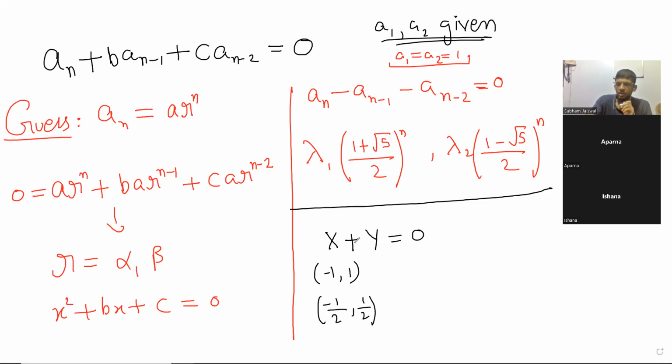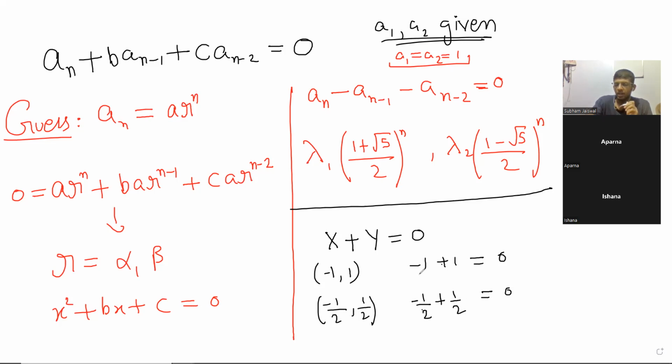If these two are solutions, what does it mean? It's a very silly thing I'm saying, but this is a solution and this is a solution. You see, if these two are solutions, then the sum is also a solution.